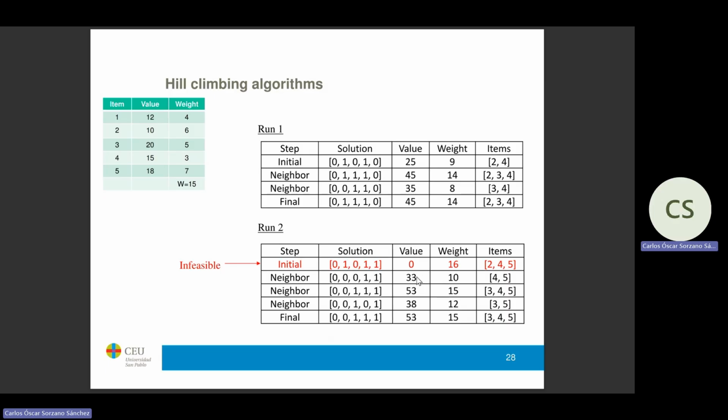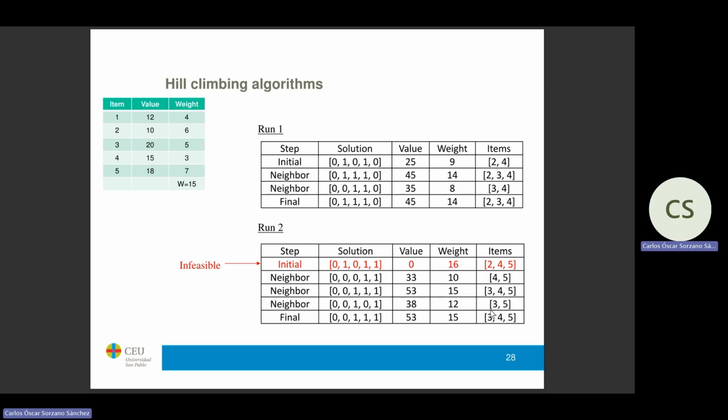The value is 33, the weight is 10, and another neighbor is this one, the value is 53, the weight is 15. So I take this one as my current best solution. I compute another neighbor, and this neighbor is not improving, so I don't update my solution. Then you keep exploring all the other neighbors, none of them is improving, and then this is your final solution.